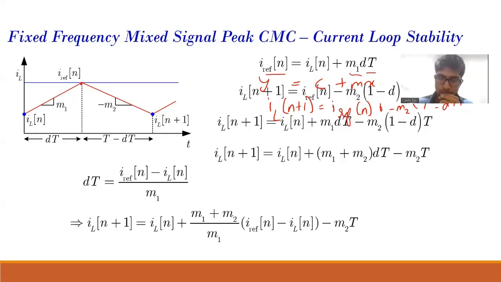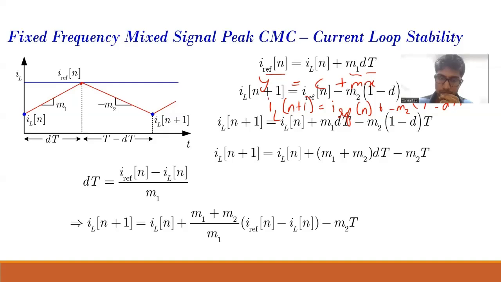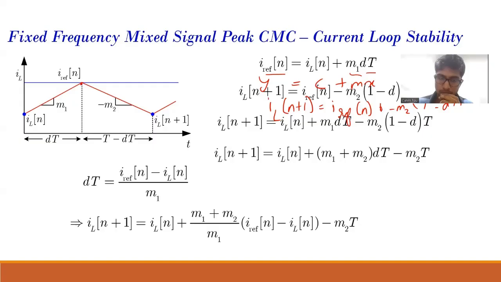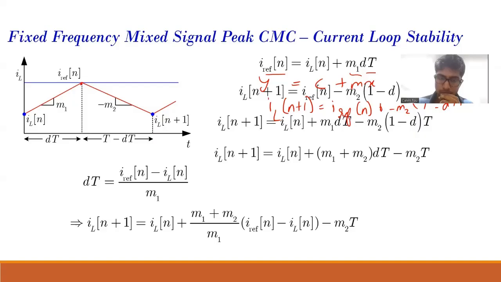How are we getting duty ratio 0.5? We want M2 upon M1 to be less than 1, right? For a buck converter, M1 is equal to Vin minus V output, and M2 is V output.